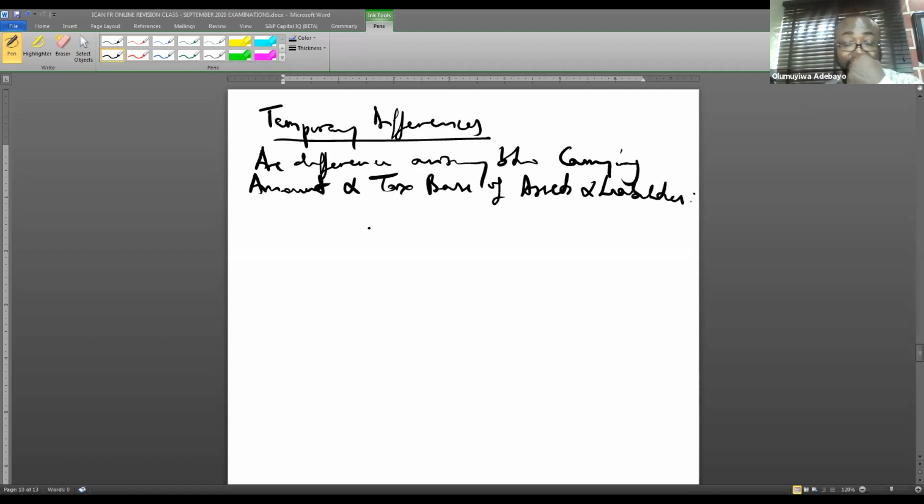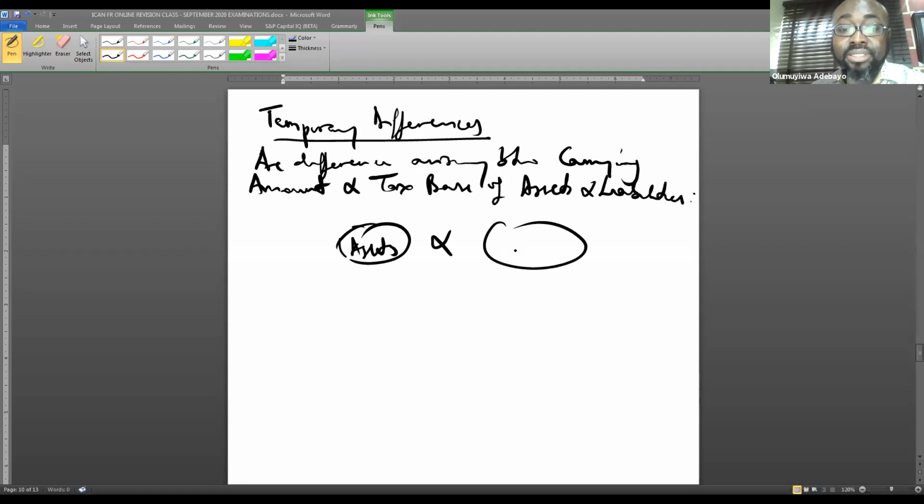What simply put is this: given that we have an asset and we have liabilities, in this case, we compare the carrying amount to the tax base.